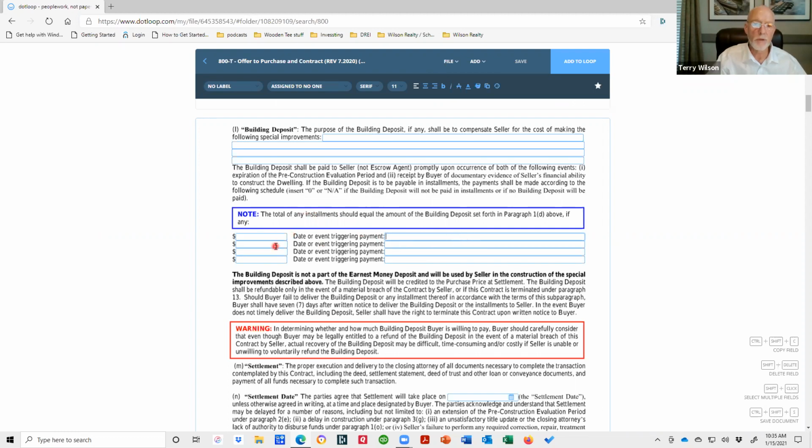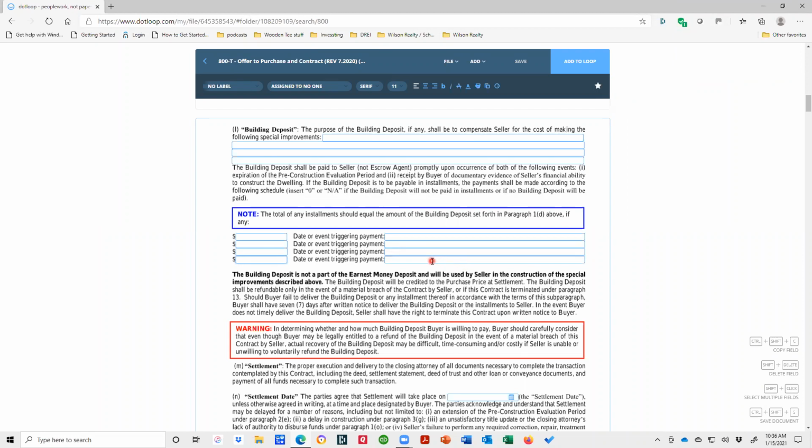And then I'm going to give them another $10,000 for framing. And then another $10,000 for drywall, siding, etc. And then the final draw for finishing work. So I could do it that way.